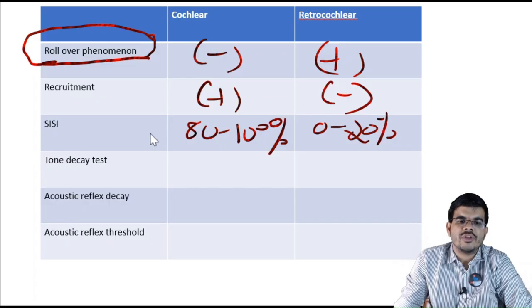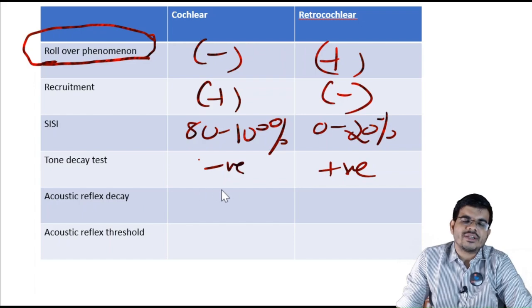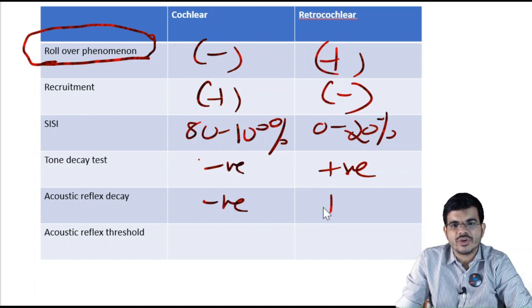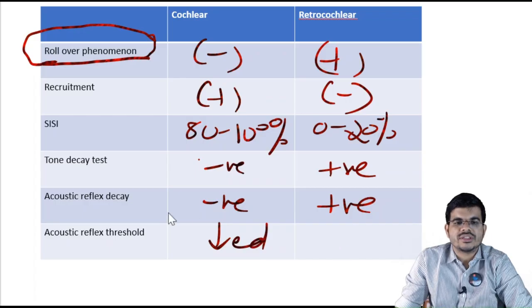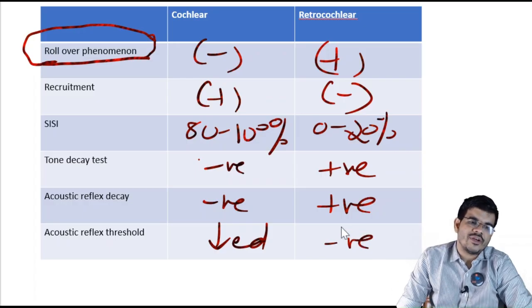In case of the tone decay test, the cochlear will show no tone decay. In retrocochlear there will be tone decay. Acoustic reflex decay will not be present in case of cochlear, but it is present in case of retrocochlear. Acoustic reflex threshold is decreased in case of cochlear, whereas in retrocochlear there is no such decrease in acoustic reflex threshold.